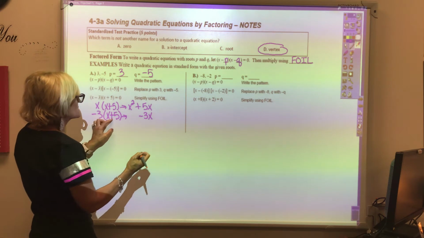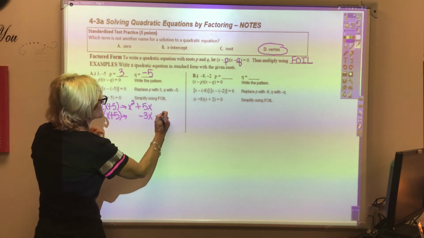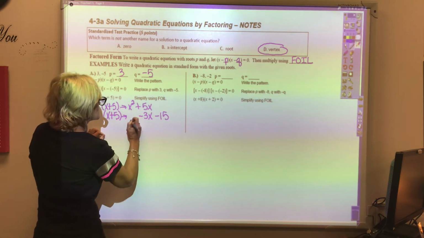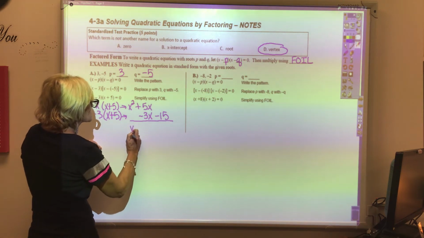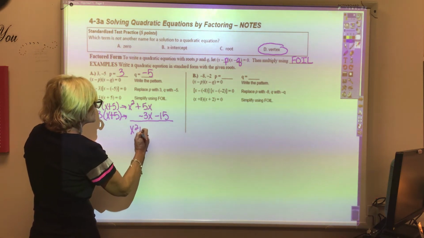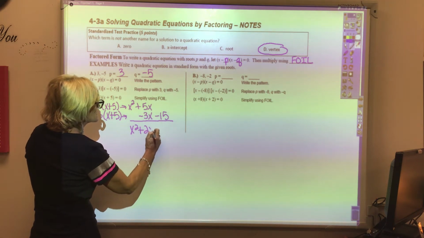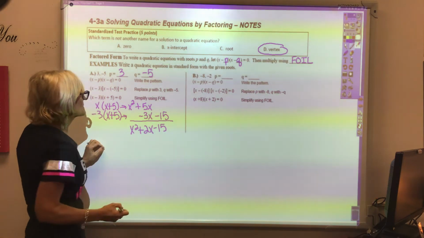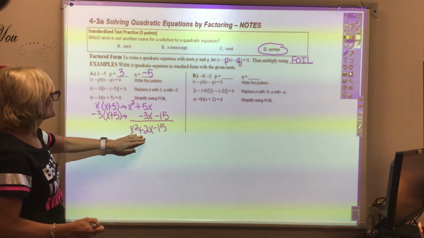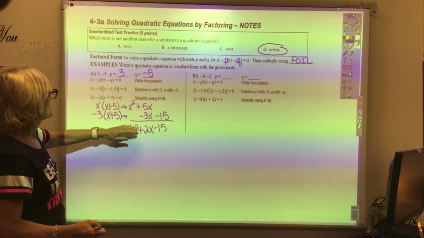And -3 times 5 is -15. Then we just draw a line underneath and we simplify. X squared plus 2x minus 15. That is the FOILed form of this equation.